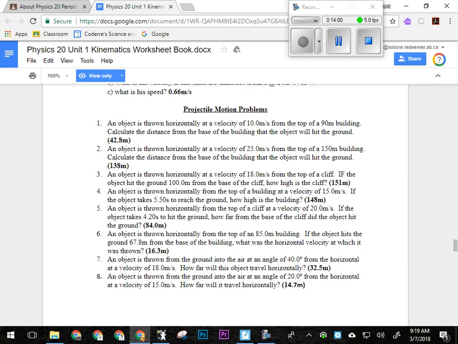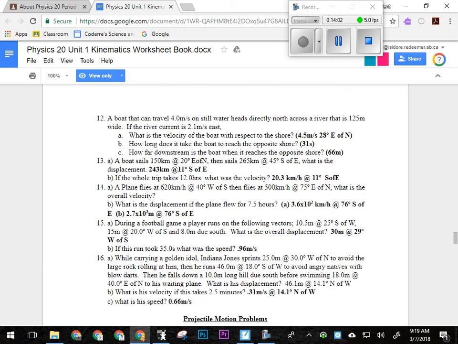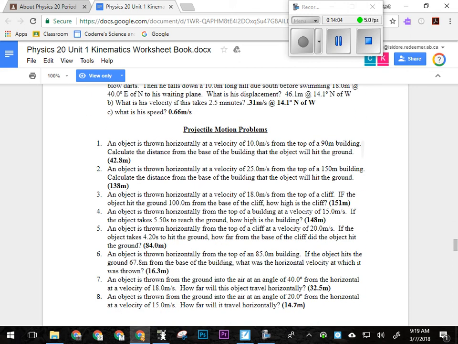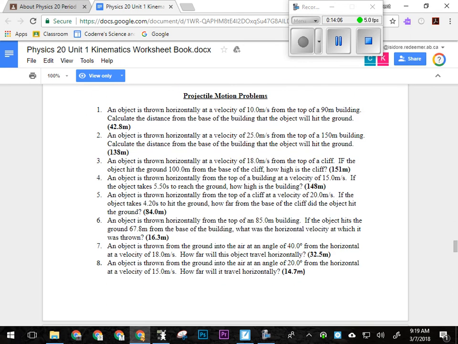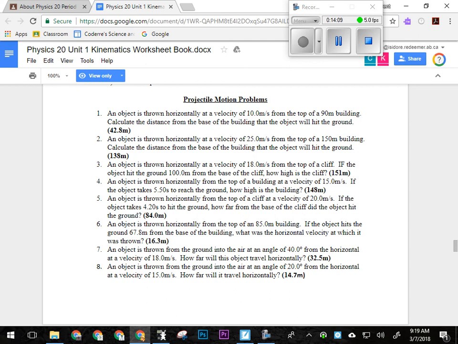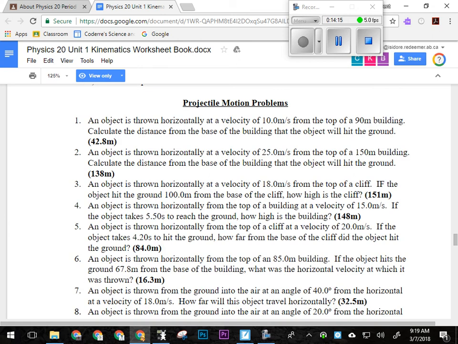Starting on page 9, the bottom third of page 9 is where the projectile motion problems start. The answers are there, so you can check if you're doing them right as you go. Let's have you work on those for a while, and then if there are questions, we can go over them together.